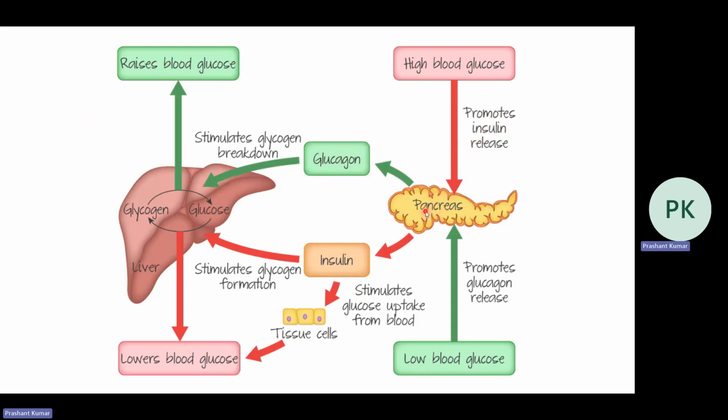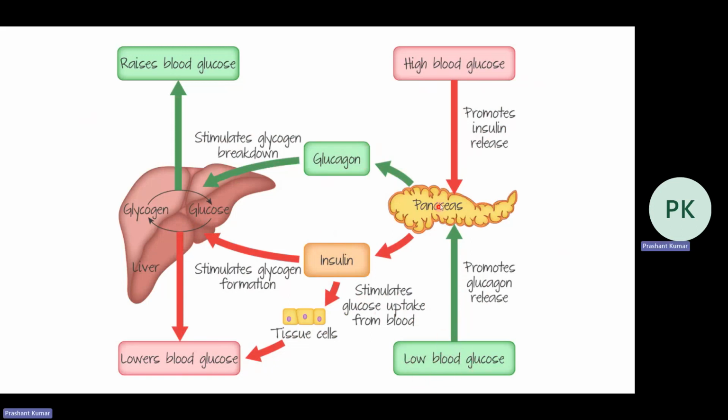The pancreas is going to secrete the hormone insulin. Insulin stimulates glucose uptake from the blood into tissues, and blood sugar will get lower. Insulin also activates the liver cells to convert glucose into glycogen, and then lowers the blood sugar.